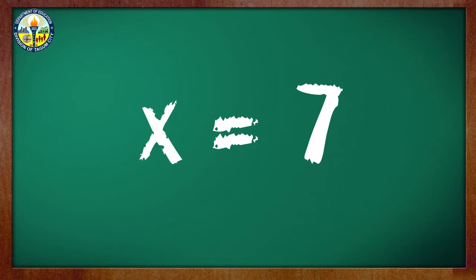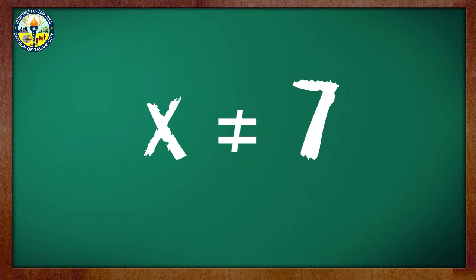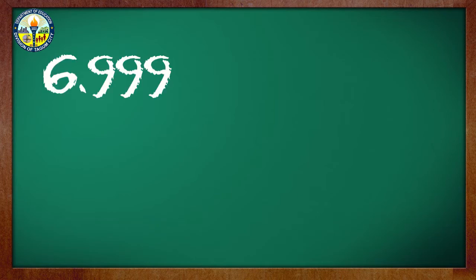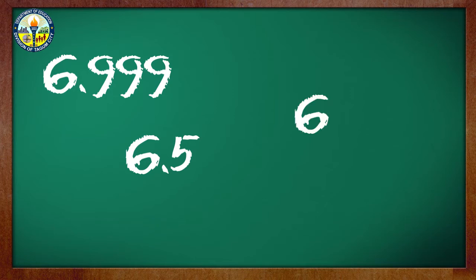Say x = 7. This just means that the value of x is exactly 7. Not more, not less. But if I say x is not equal to 7, it means any of the following. x has a value less than 7, like 6.999, 6.5, 6, 1, 0, -1, and below.